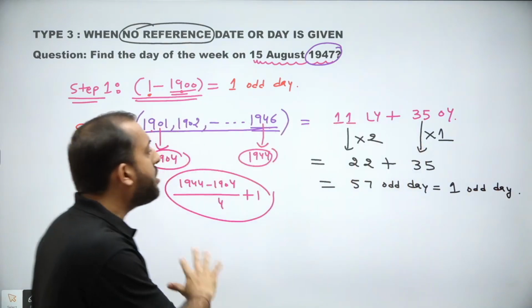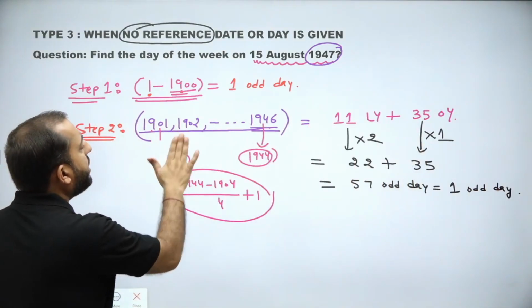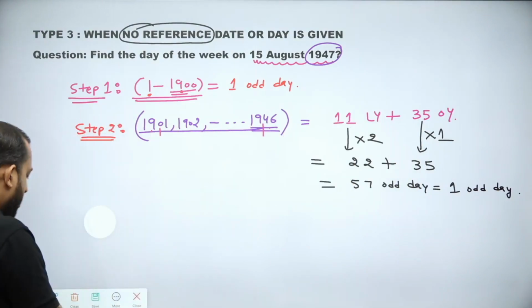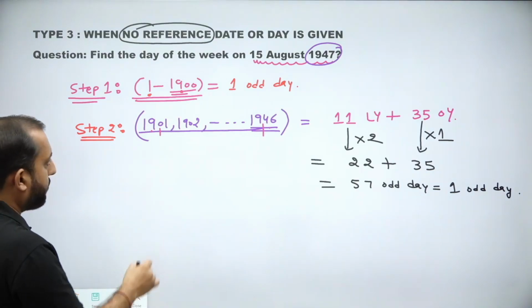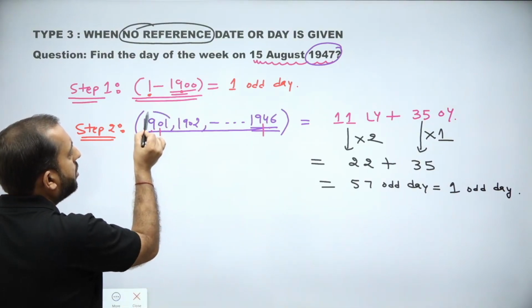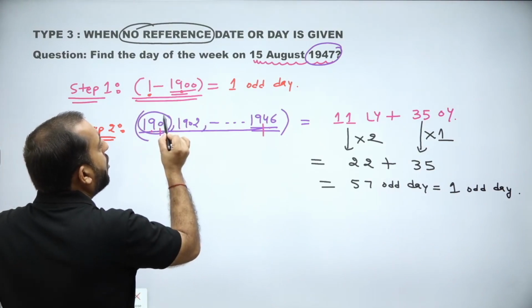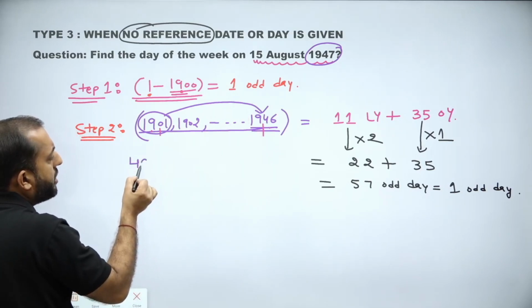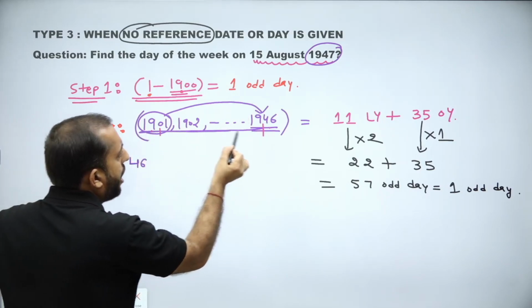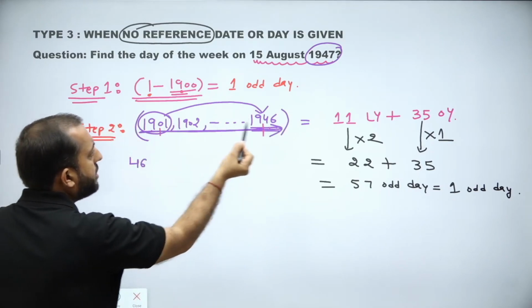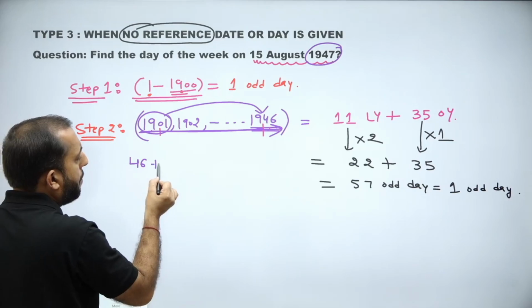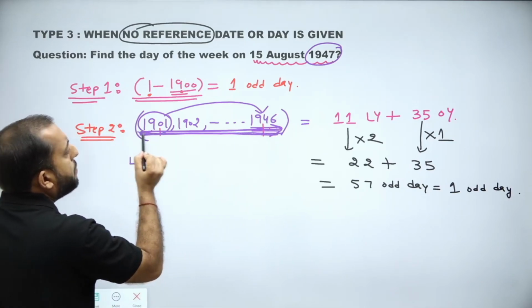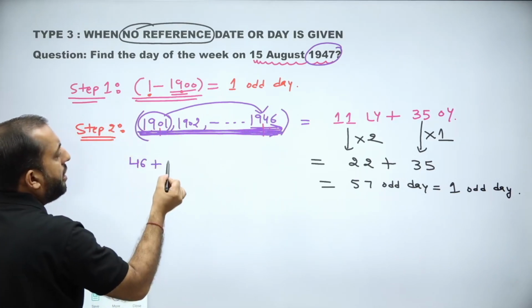This is one way of calculating the number of odd days in step number 2. Otherwise, what else can you do? From 1901 till 1946, how many years are there? 46 years are there in this range, plus the number of leap years in this range, 11 leap years.